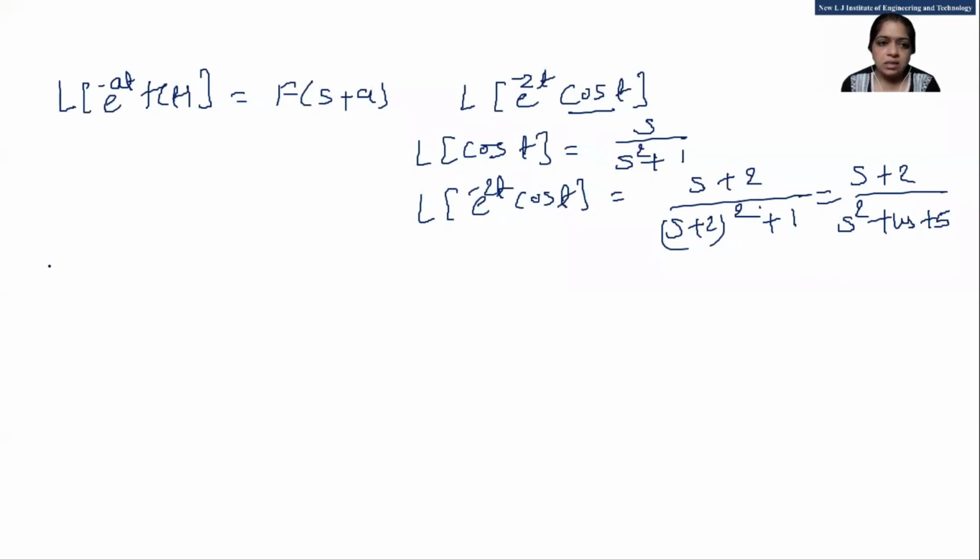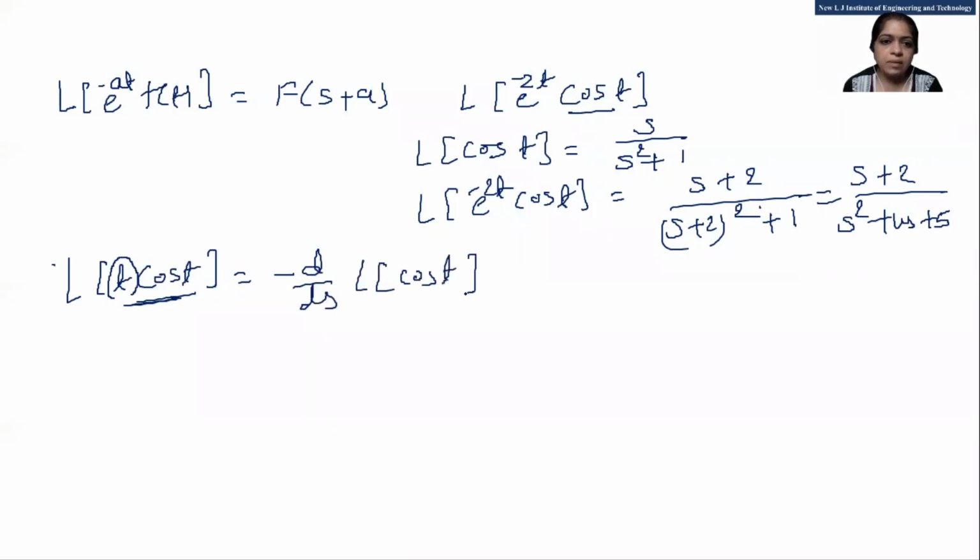If they ask Laplace of t into cos t, then what to do, students? In this case, again we have to find the Laplace of cos t first, then t is there, so we have to write minus d by ds of Laplace of cos t.